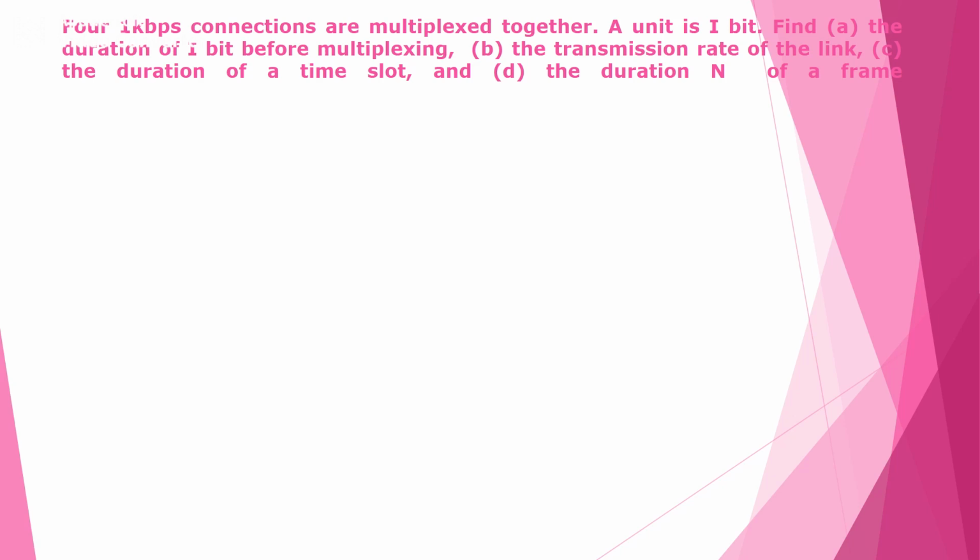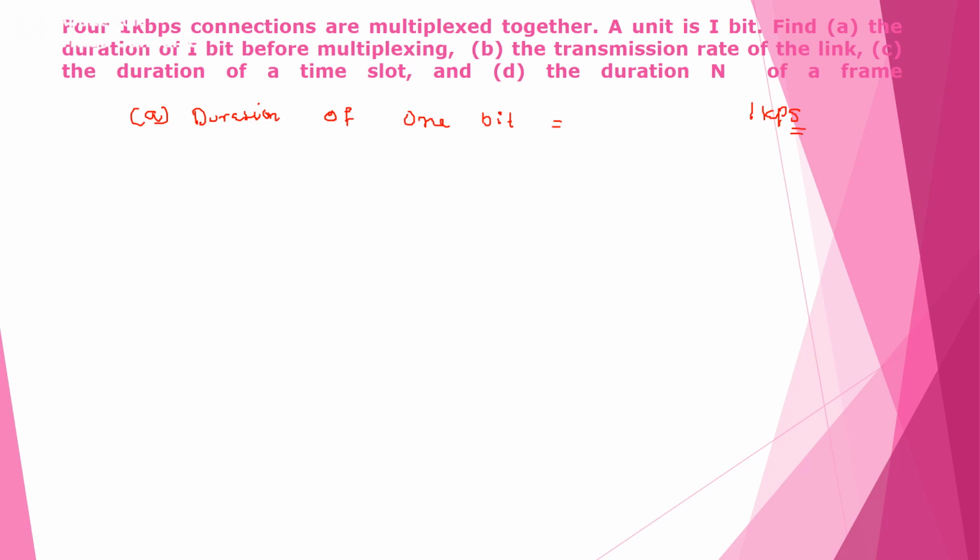So first we can compute the duration of each bit, that is duration of each bit before multiplexing. Duration of each bit can be computed by considering the data rate. So duration of 1 bit is equal to, we are having the data rate as 1 kilobits per second.